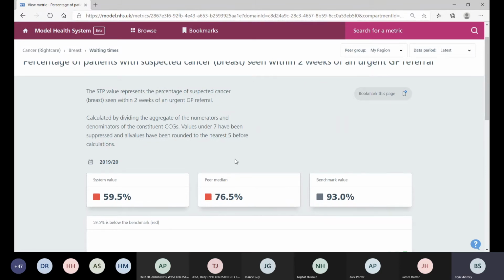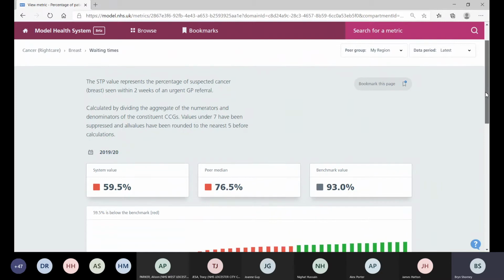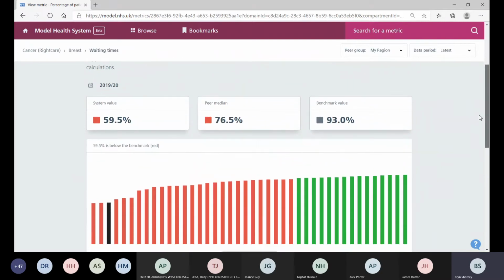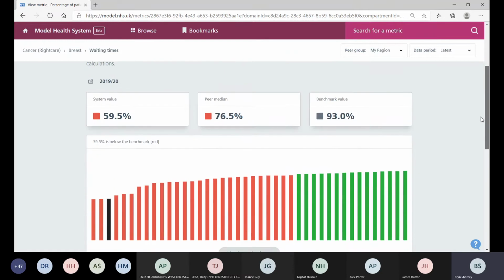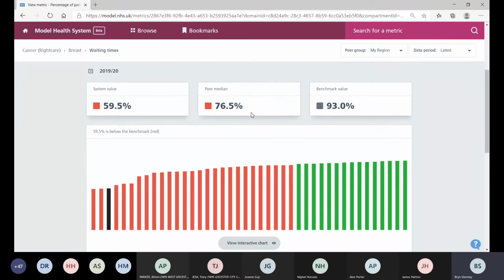It's possibly the other indicator that we might want to see, but this is a straight percentage that you're seeing, so it's not a difference. Birmingham and Solihull is seeing just under 60% of all its breast cancer urgent referrals within 2 weeks, whereas the benchmark value here is the national target, and then obviously we've got the peer median in there as well.